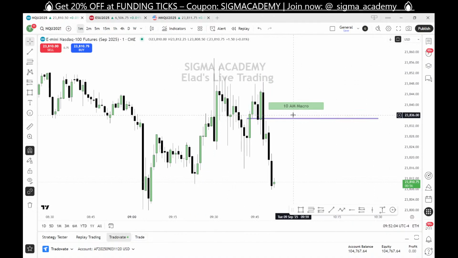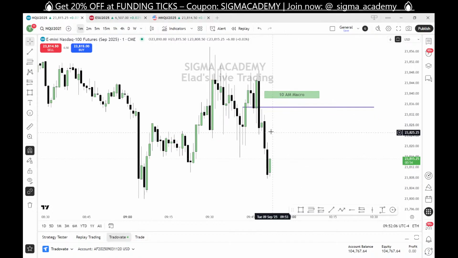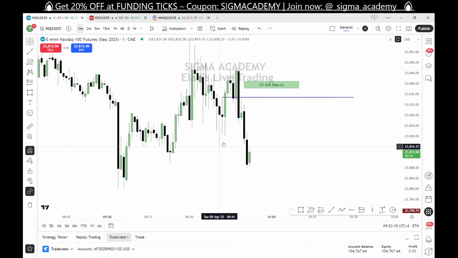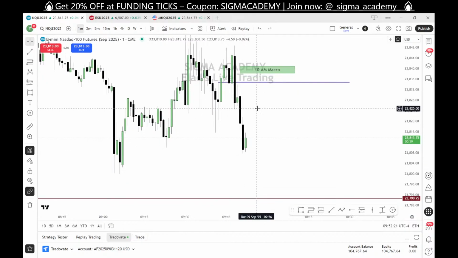This is the first presented fair value gap. We have also fair value gap with it. This with this up candle. So we broke a structure and we went lower and we have fair value gap with it.